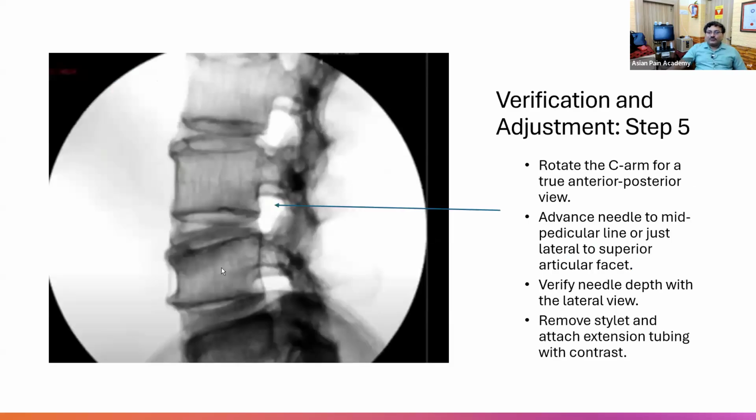Now, once we have put the needle and we think that we are close enough, then we have to go for the lateral view. Remember, some ask how we can understand that we are close enough. It depends on your experience definitely, and on how obese the patient is. After going a certain distance and after making the tunnel, we should check the lateral view.